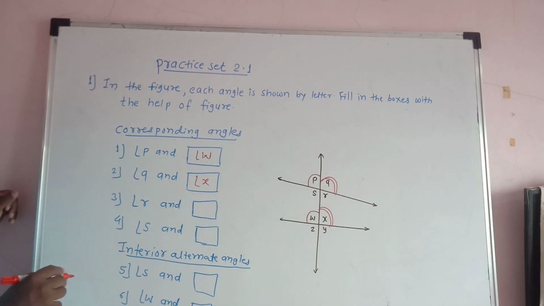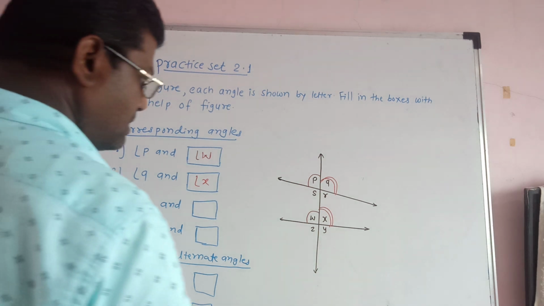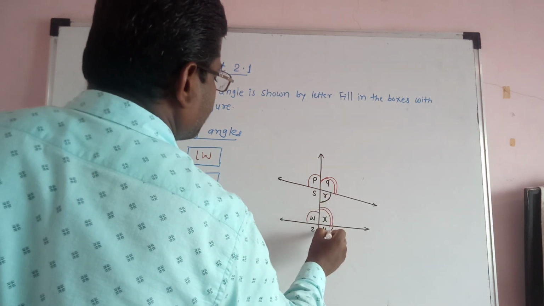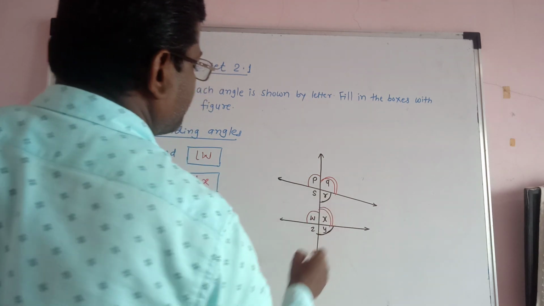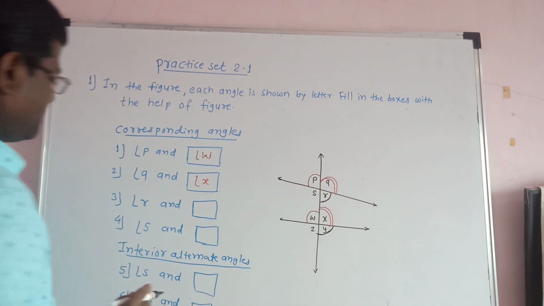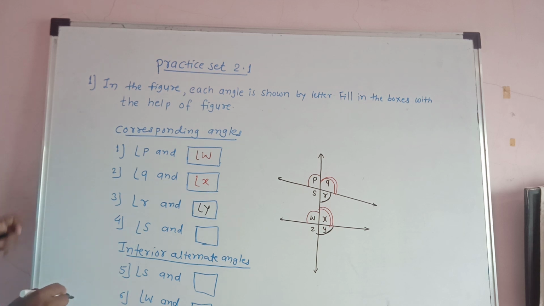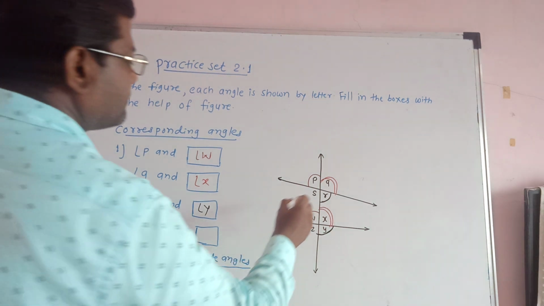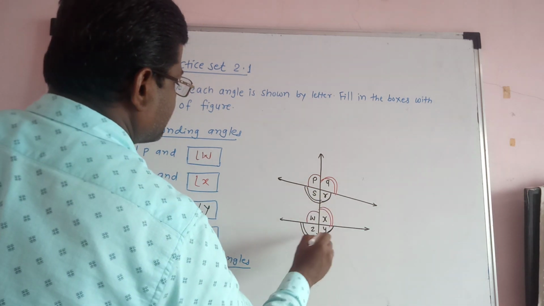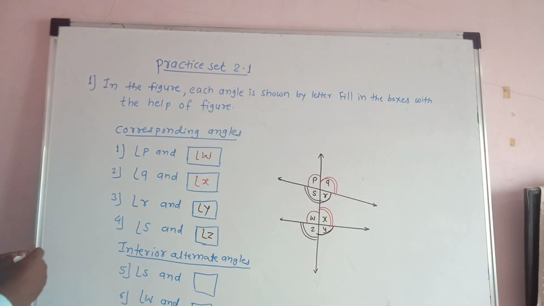Angle Q and angle X will be corresponding angles. Now angle R, this angle R and Y are both below the line and to the right of the transversal. Angle R and angle Y are corresponding angles. Angle S and angle Z will be corresponding angles.